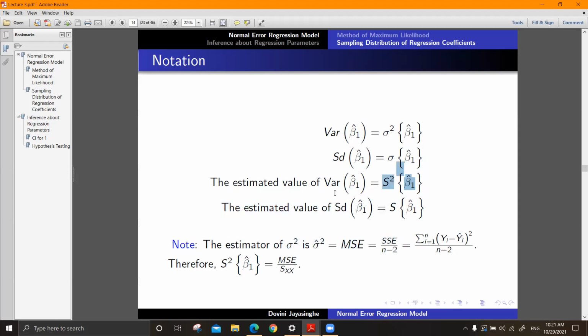If you are going to estimate the variance of beta 1 hat, you have to make use of MSE and SXX. You have to calculate this, you have to calculate this, take the ratio. That is going to be your this one. This is going to be very useful when you are computing confidence intervals. We'll do an example today. This is just notation, just scan this.